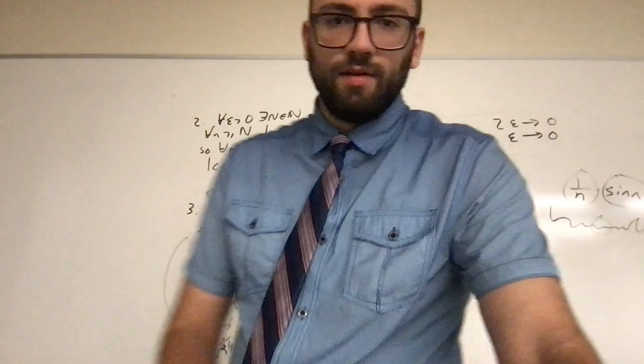Yes, because you're doing 1 over n times sine of n. This is bounded, this goes to 0. So it's like a squeeze, you know the squeeze theorem. I'm not good at drawing it, but you get the idea. I don't think we've covered squeeze theorem yet. No, that's from calculus. Yeah, we're gonna do it rigorously. Oh, okay. Yeah.